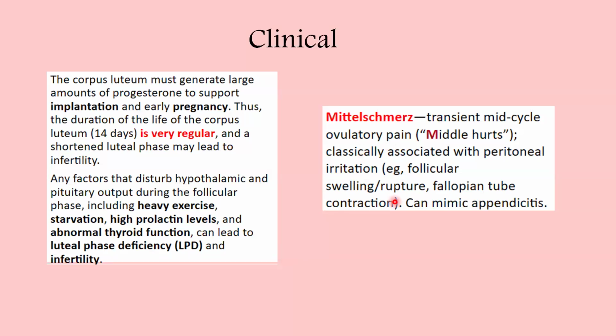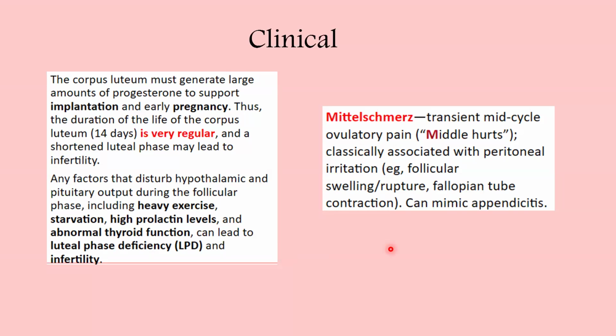Mittelschmerz, that's literally how it's pronounced, Mittelschmerz. That's basically ovulatory pain. A lot of people feel it. It's usually a unilateral pain that happens on the side of the ovary that is ovulating this month. Every month is different. Maybe this month your right ovary is ovulating, but the next month your left one is ovulating.